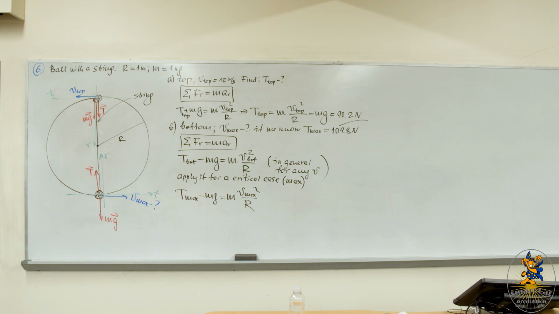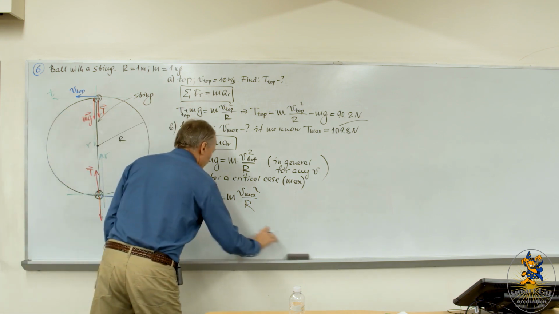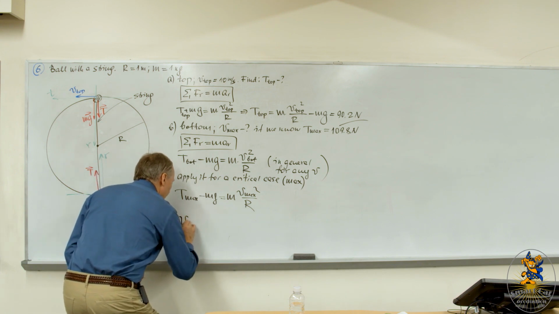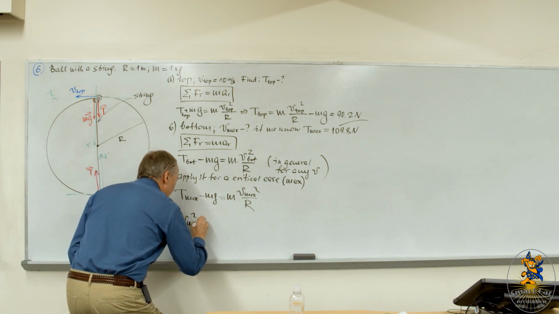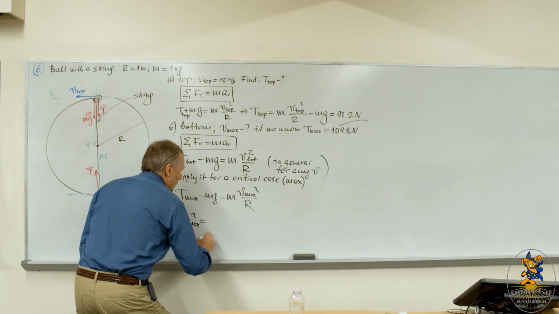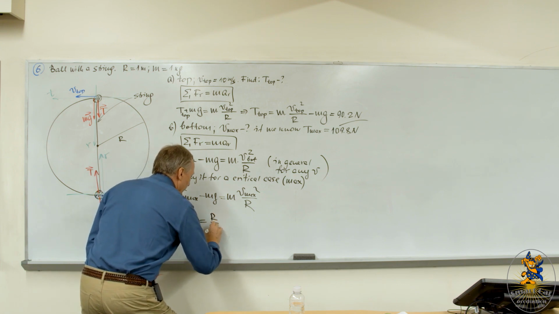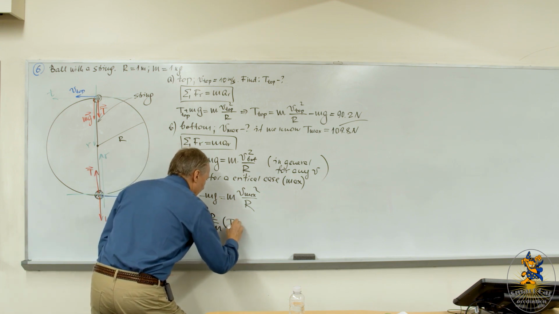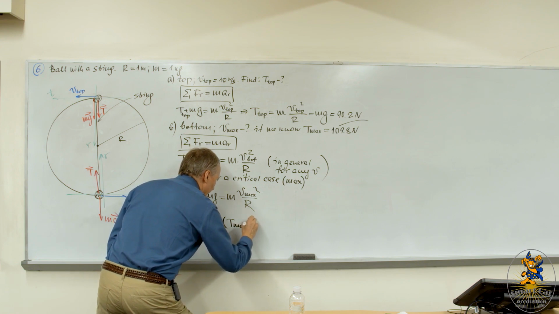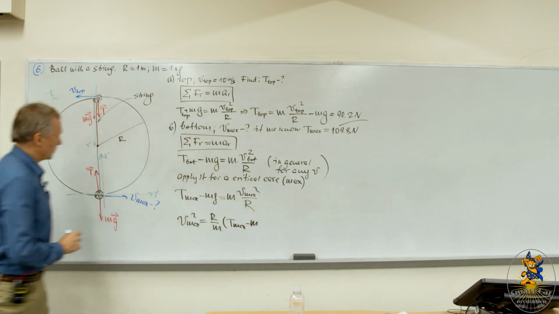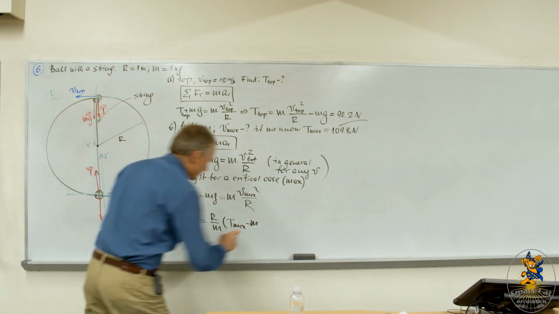What we need to find? Velocity needs to be found, right? So v max squared will be equal to r over m times T max minus mg.